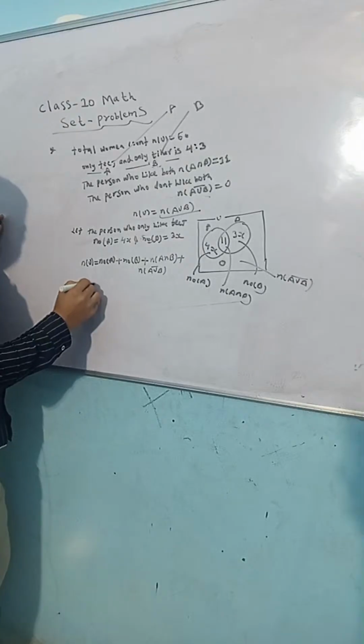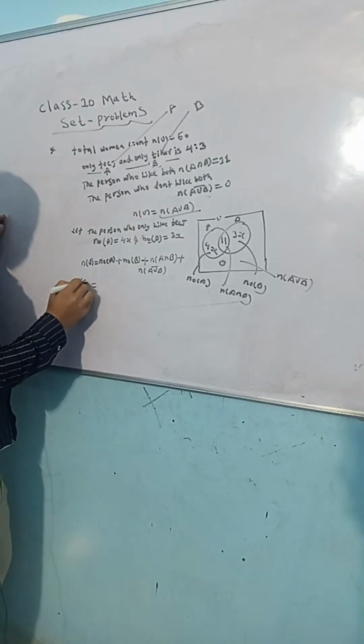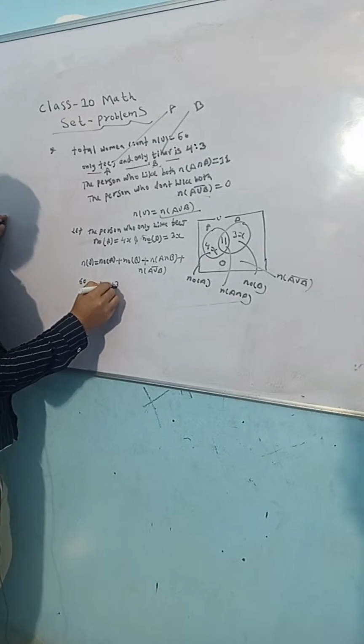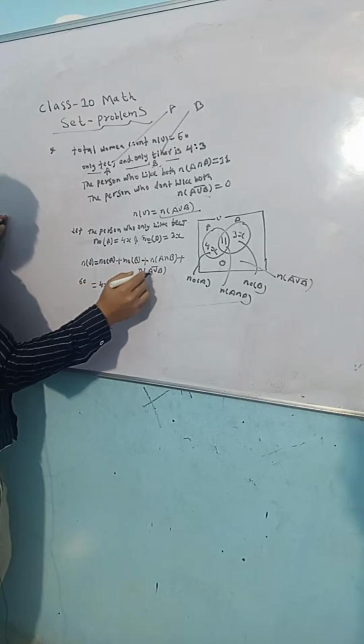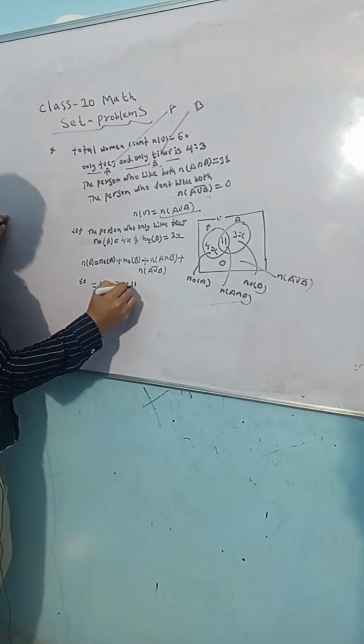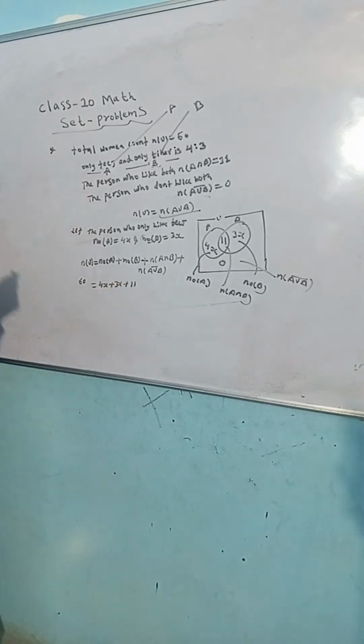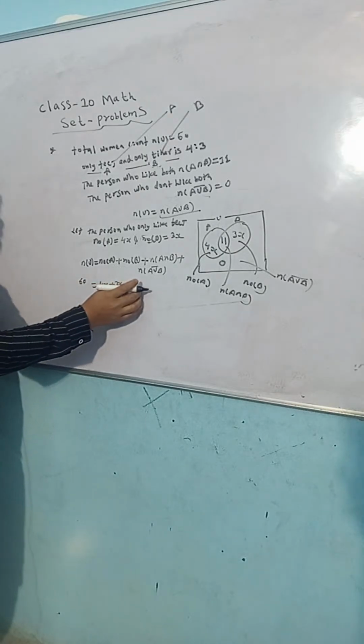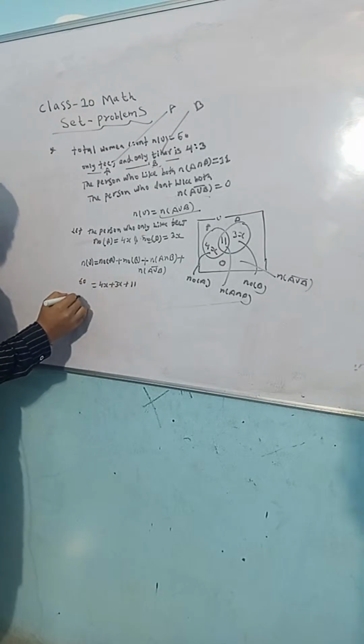Here we have 60 given. Only A is 4x, only B is 3x, and the intersection is 11. You can just calculate this value, guys. In case of 60 minus 11, what will you do?